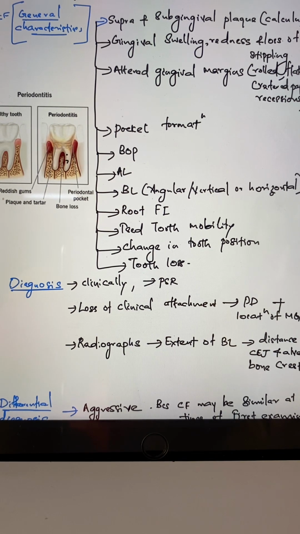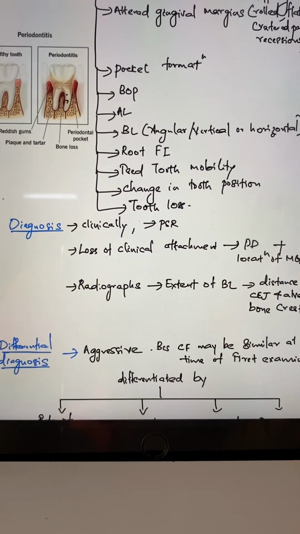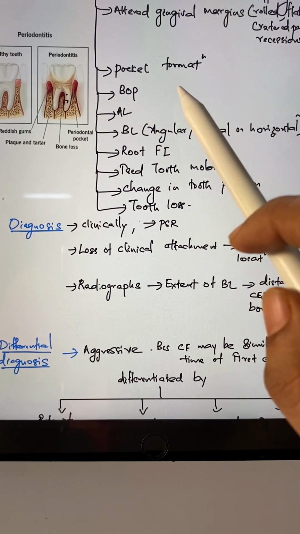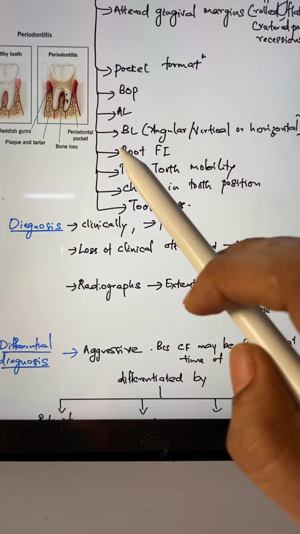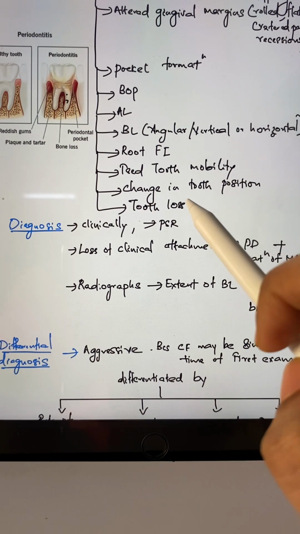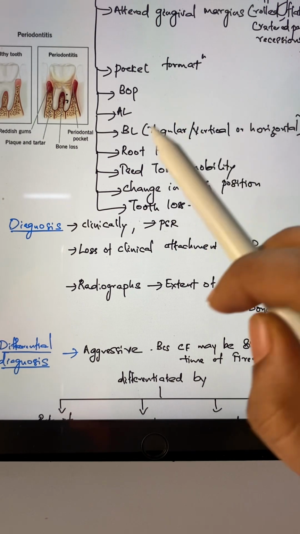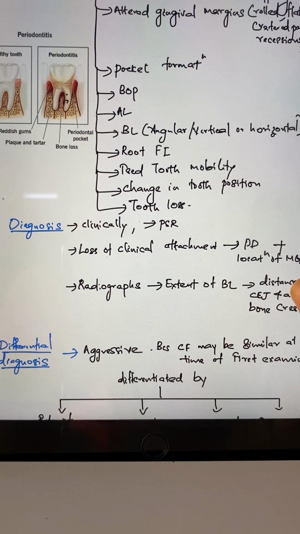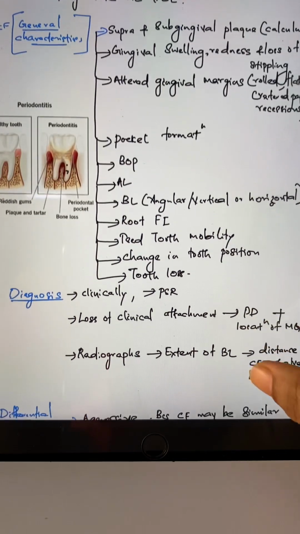So the destruction has happened in the gingiva. Then next we come to the destruction of the periodontium. That means periodontal pocket formation, BOP, bleeding on probing, attachment loss, bone loss, furcation involvement, tooth mobility, change in the tooth position, tooth loss. These all can be seen in the case of chronic periodontitis.